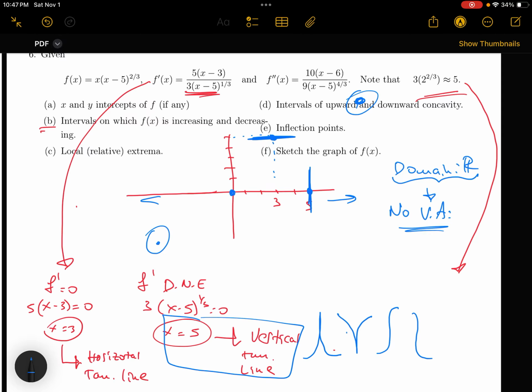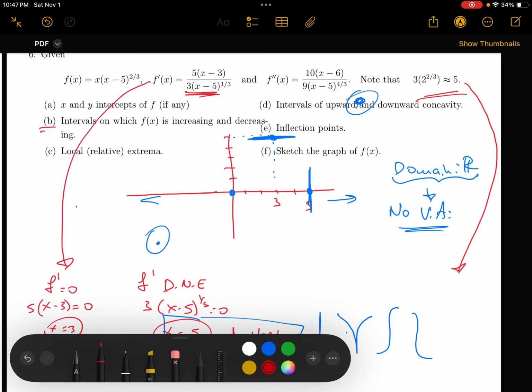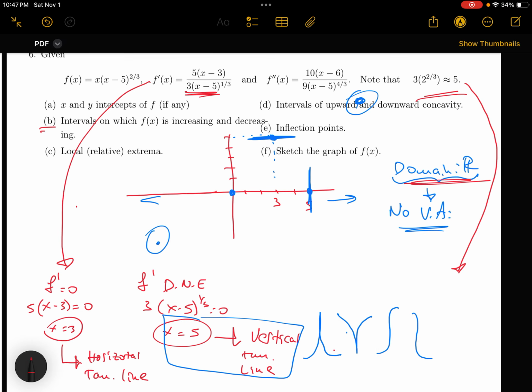And it's going to depend on how the function is going to behave, and we're going to get that from creating that table. So from the fact that the domain is R, we have from negative infinity to 3, from 3 to 5, and from 5 to positive infinity, y prime and y.